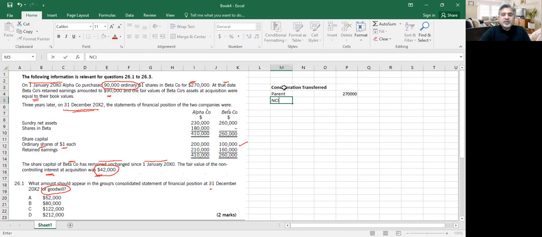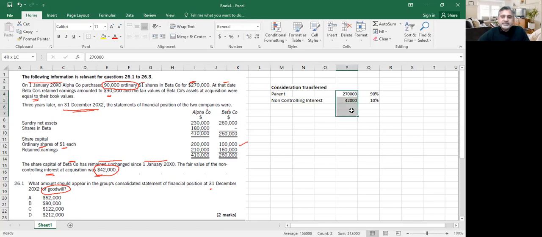And then there is non-controlling interest, because this 270,000 is 90%. So certainly there is 10% someone else, and that someone else we call non-controlling interest. For the first time I will write it down in full, and later I will use the abbreviation. The value of non-controlling interest is given in this question as 42,000.